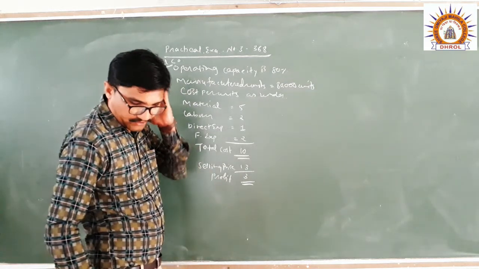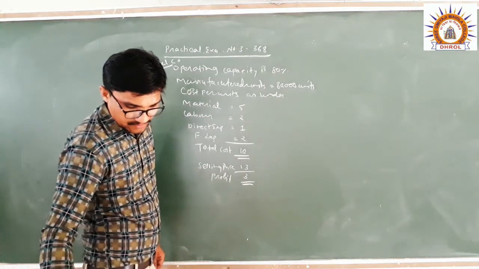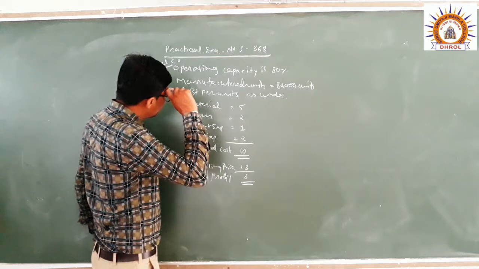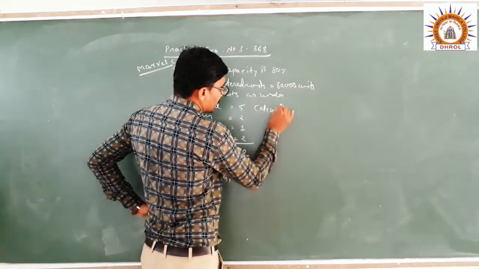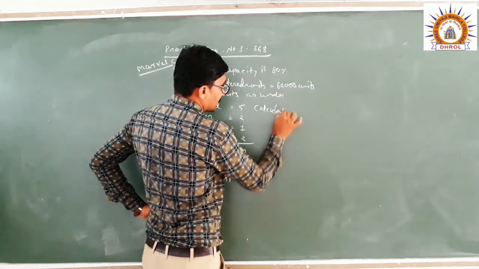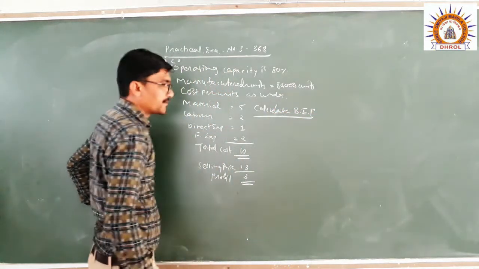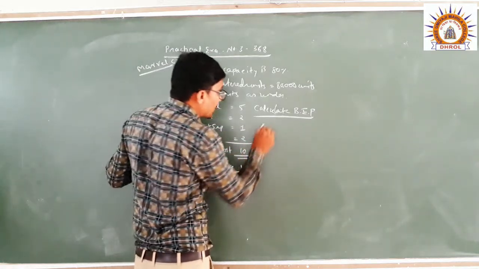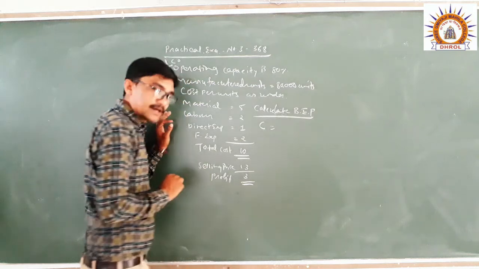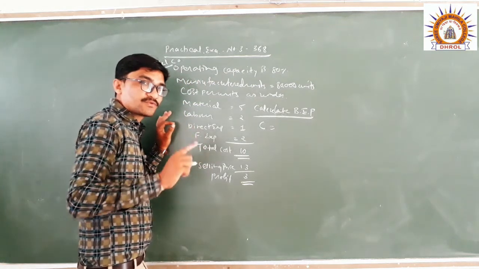Now, first of all, on the basis of this, you are required to calculate the break-even point, BEP. So first of all, you require the contribution per unit.